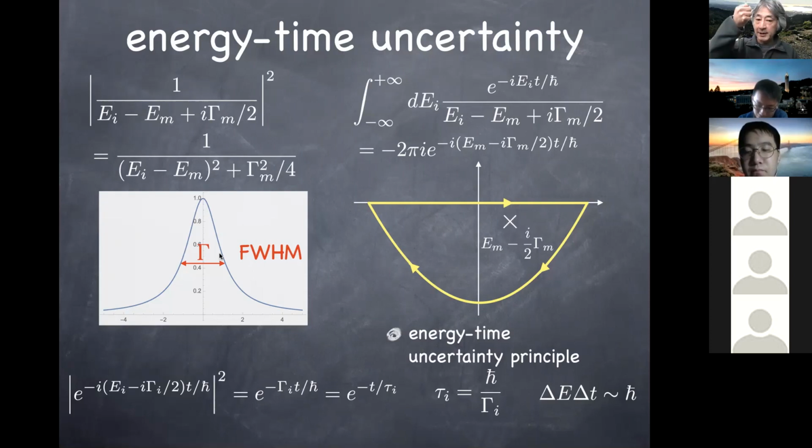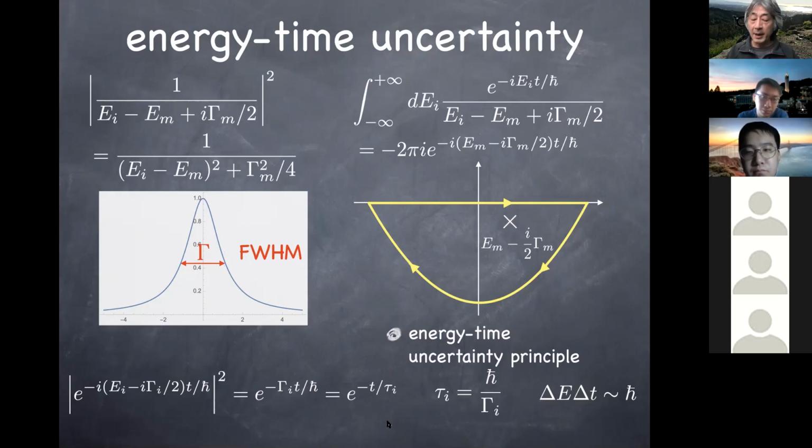And how much it creates is given by the inverse of the width, because the width basically corresponds to the friction. And friction is what makes your oscillation damp. And that's the same idea of this exponential decay of an unstable state.